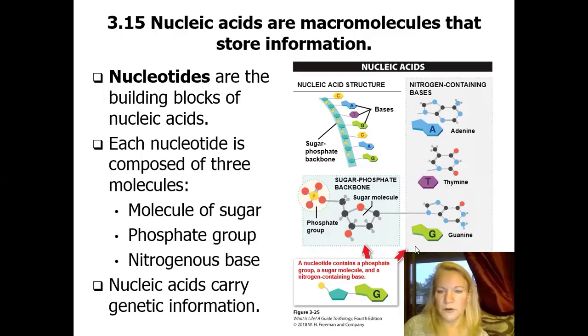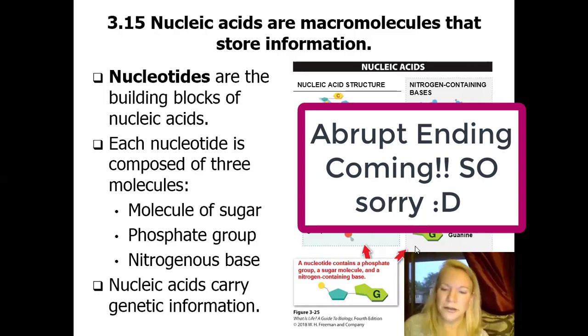So if your cells have that nucleus and the DNA is kept in that nucleus, it's kind of like the cookbook kept in the kitchen, and you can't take that cookbook out of the kitchen, so you have to go in there and write down the recipe. That's kind of like your RNA writing that down. So we'll talk about that in detail in another chapter.